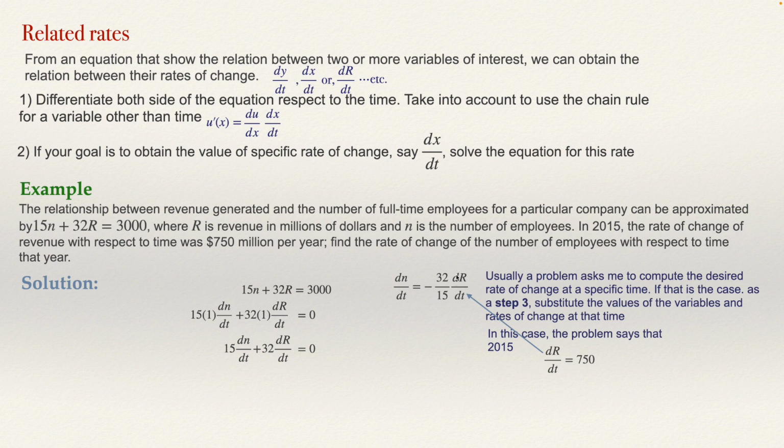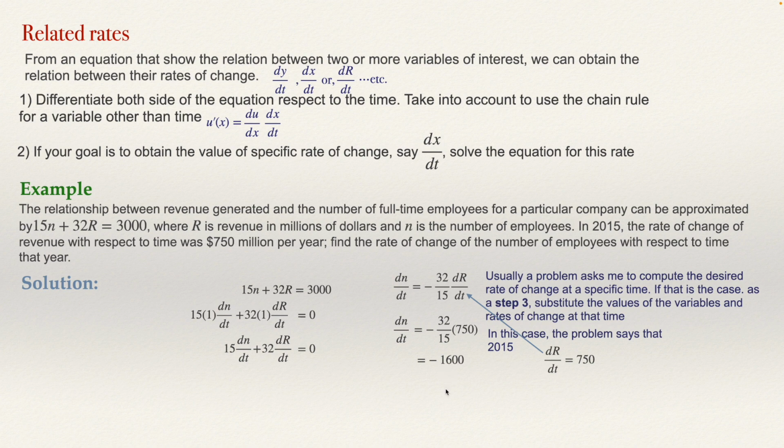So I make a substitution of 750 here, and then dM/dt at that point in time was minus 32 over 15 multiplied by 750. If I work this out using my calculator, I notice that dM/dt at that time was minus 1600. We notice that the value is negative. Because this value is negative, the number of employees is decreasing.